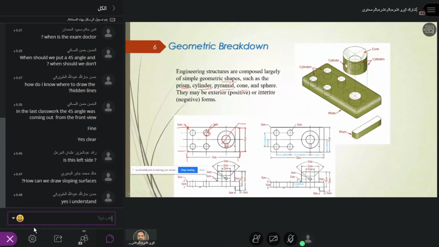Remember, the purpose of making a drawing is to manufacture it, right? So when you manufacture it, you need to know each and every possible dimension. Then only you can manufacture it. So when you see the front view, you should know the thickness, and you should know the size of this radius. These diameters are hidden when I see from the front view, so I draw them with a hidden line.